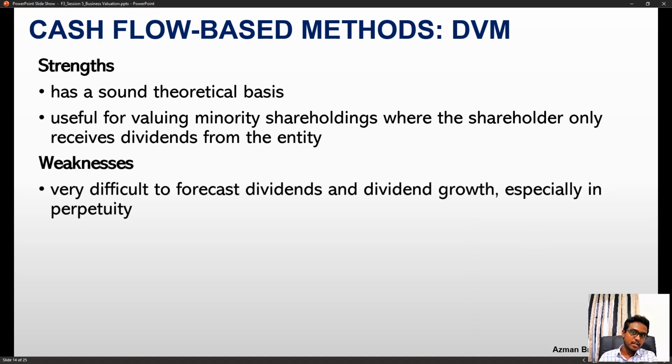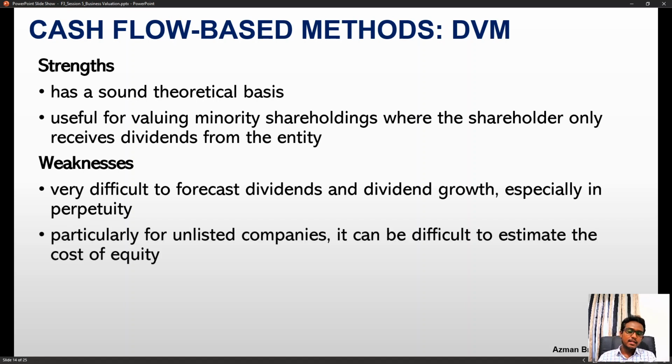Weaknesses: it is very difficult to forecast dividends and dividend growth, especially in perpetuity, because you have to assume that the company will be paying out dividends forever, and that is not a really practical game to play. Particularly for unlisted companies, it can be difficult to estimate the cost of equity as well.